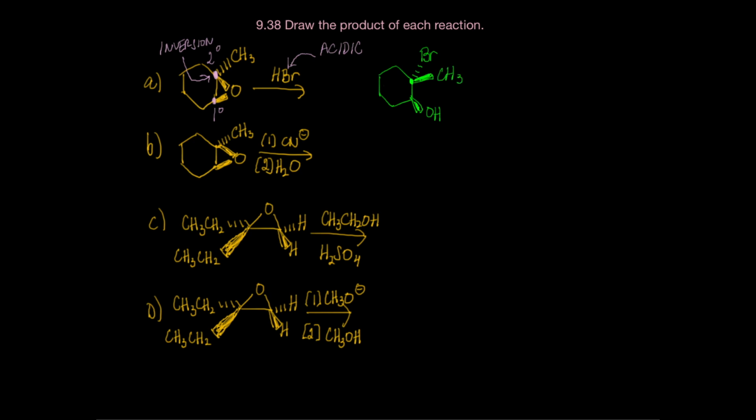In our next problem here, we want to think about, once again, which one's more substituted, which one's less substituted. Here we have basic reaction conditions, which means that the nucleophile is going to attack the less substituted carbon.